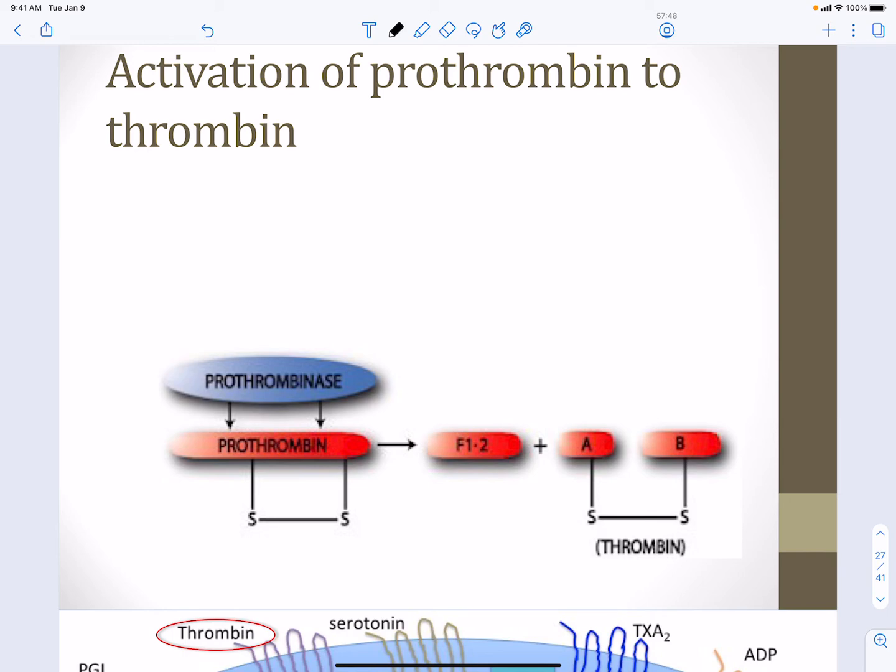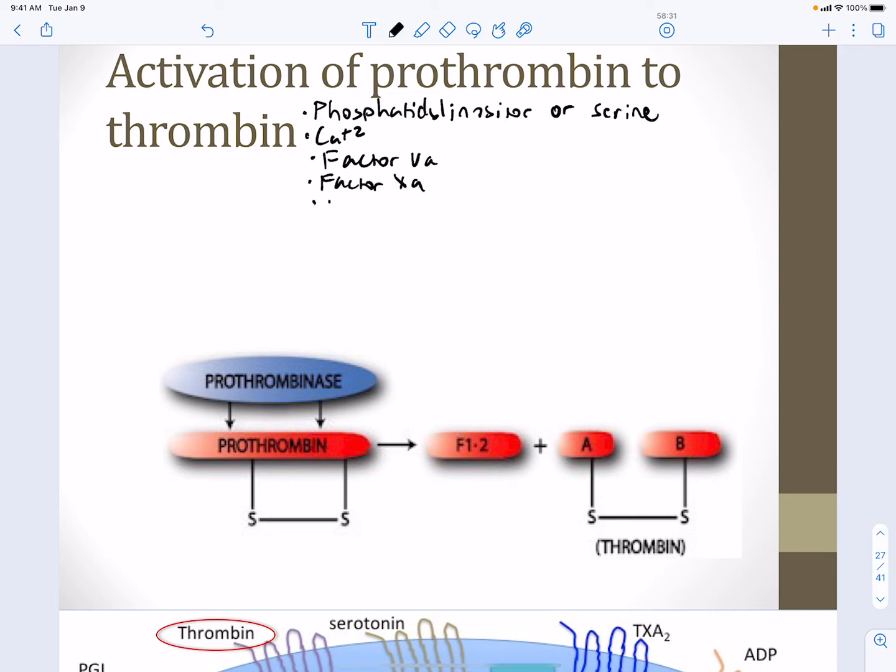The prothrombinase complex is composed of your phospholipids, phosphatidylinositol, phosphatidylserine, and then also has calcium, and it has factor 5A, and it has factor 10A and prothrombin. So this is your prothrombinase complex.